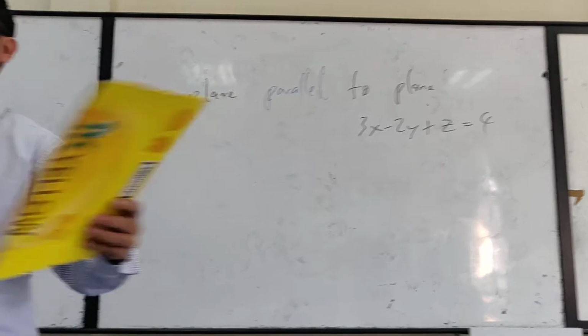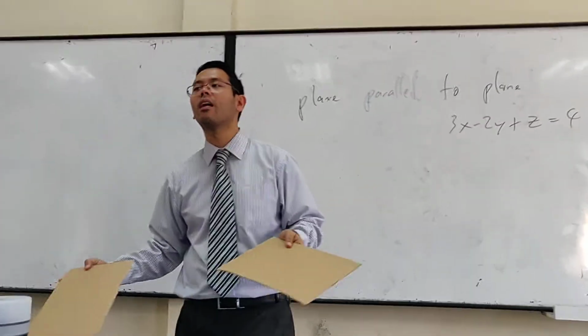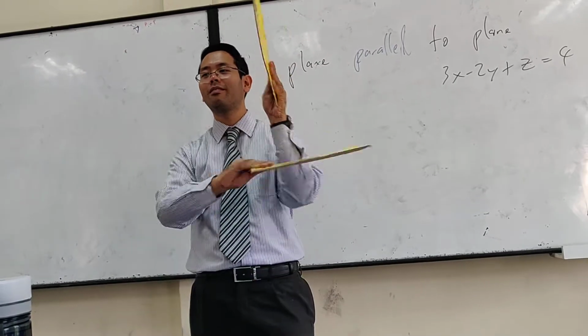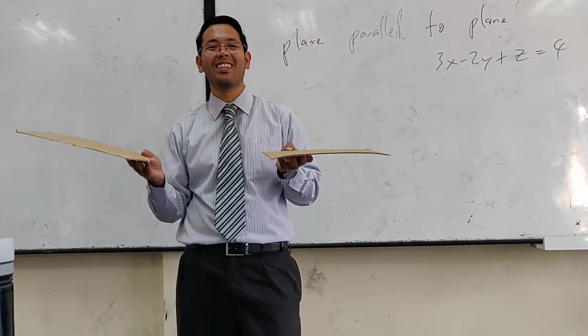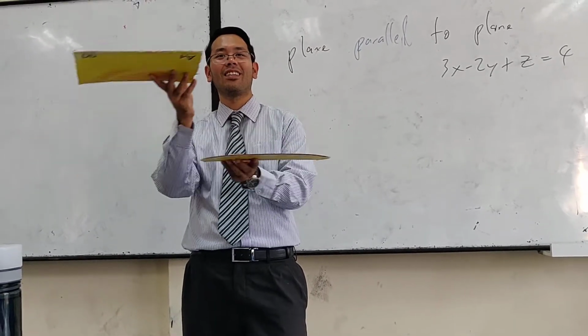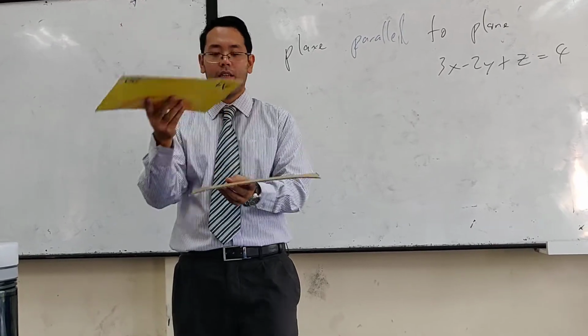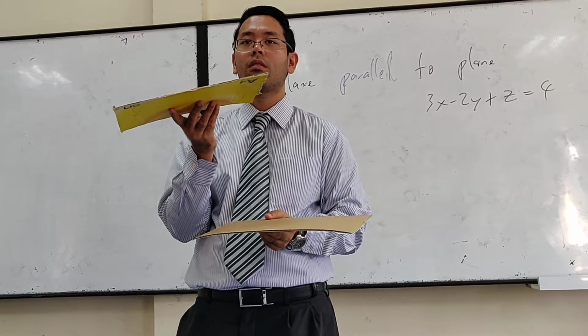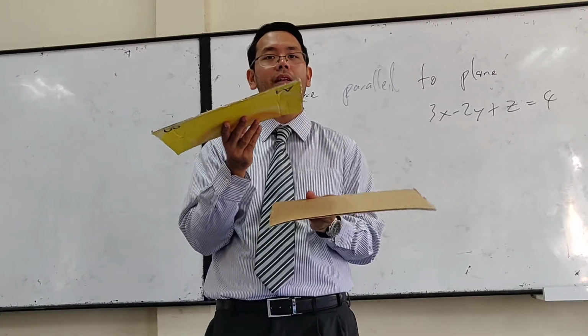So how do these two planes interact? Something like this. Start from here. It's parallel how? Like this. Right? So what if they are parallel? If they're parallel, so what?